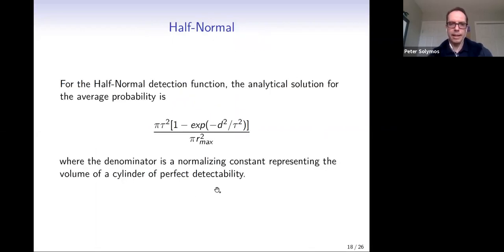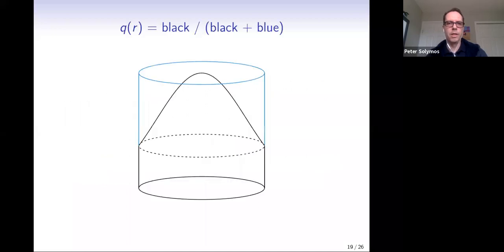So let's take again the half normal distribution. And again, don't pay huge attention to the formulas, but now we want to describe the volume inside of that dough. And so if we have the half normal, then things simplify considerably. So again, this is what we talked about for average detectability.